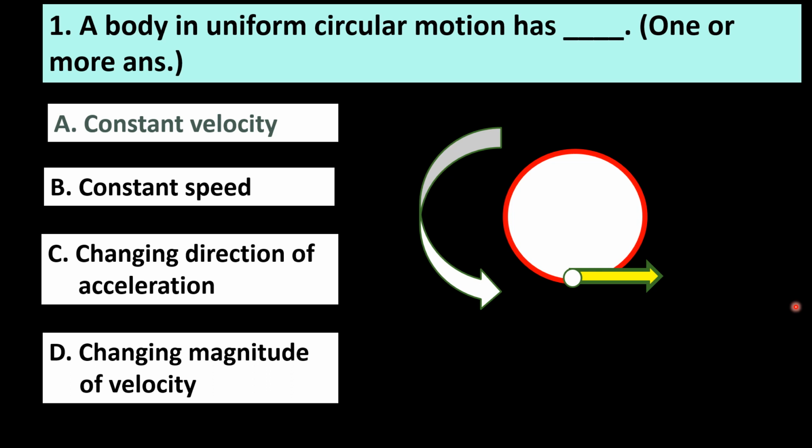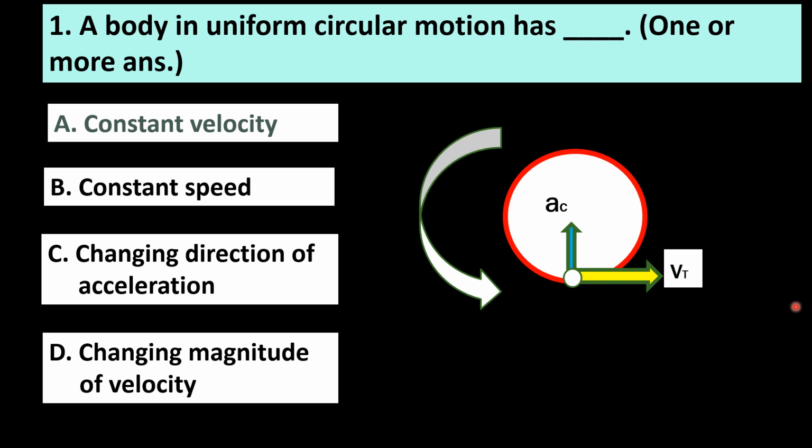Now, at this instant, the body is also being accelerated, and the acceleration is known as centripetal acceleration. The word centripetal means that the direction of the acceleration is towards the center of the circle.